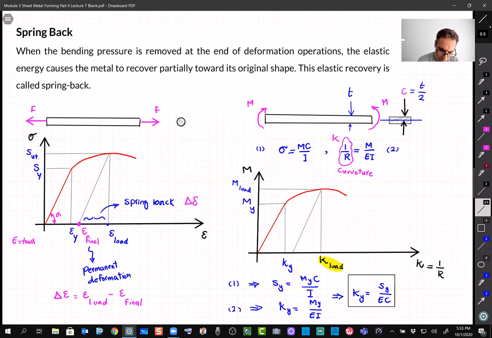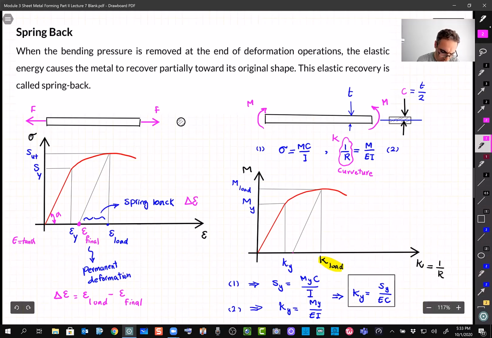So in other words, this is going to be my K final, basically, all right? And this amount that we saw here is going to be the spring back. Let's call it delta K for now.